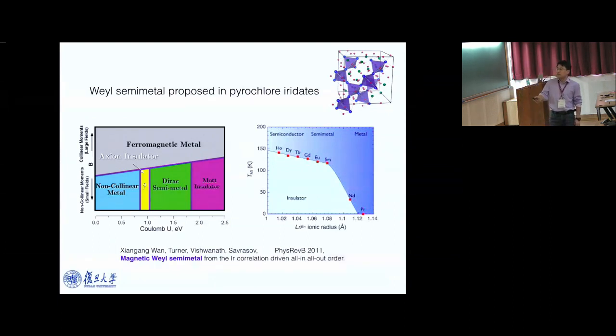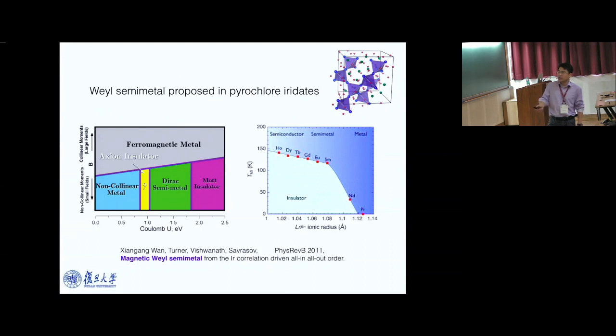This material has a huge family, and if you change certain atoms, the magnetic property changes. Almost all of these materials experience a metal-insulator transition with the emergence of magnetism. So they first carefully studied the effect of magnetism on the band structure of the electrons. This is their first diagram.